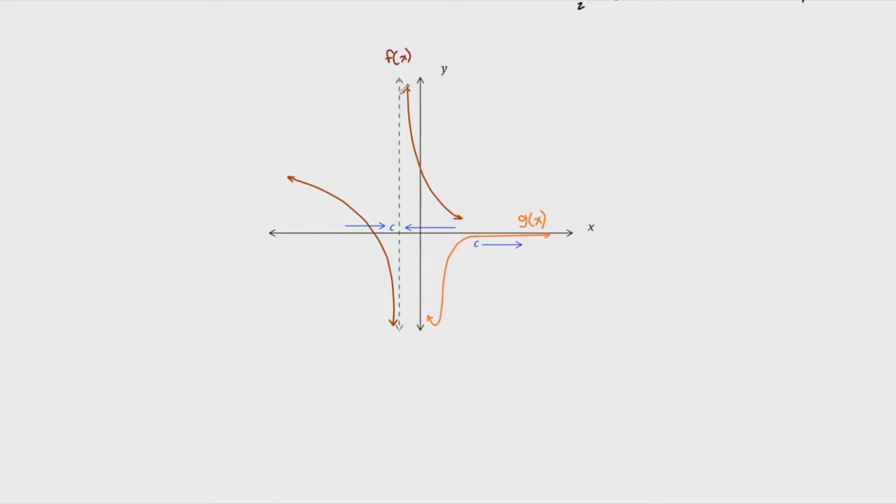And as we can see here, f of x, the graph that is colored red, if we wanted to evaluate the value of f of x as x approaches c from the right side, so don't mind this left side, we could see that the value of y is simply increasing indefinitely as the value of x comes close to c from the right side.